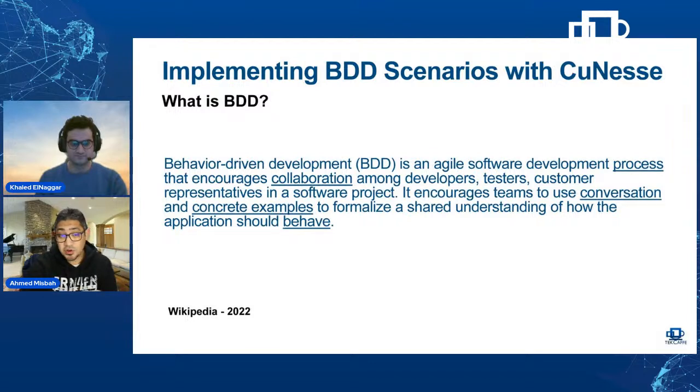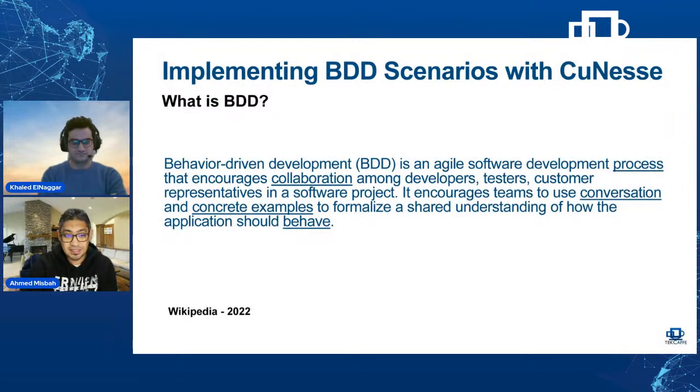So if there's going to be collaboration, there's obviously going to be conversation around something. So classically, the conversation was around user stories. If you're doing TDD, the conversation transfers from the user stories to the tests.